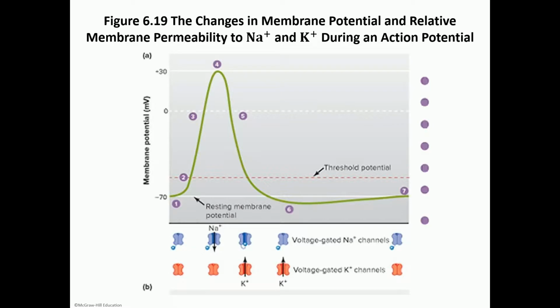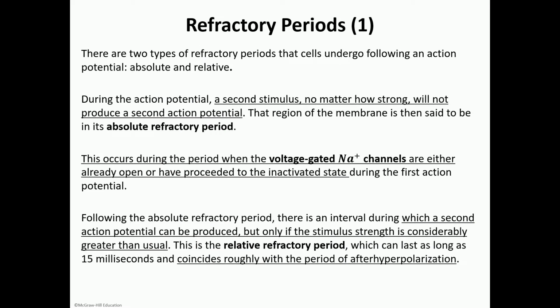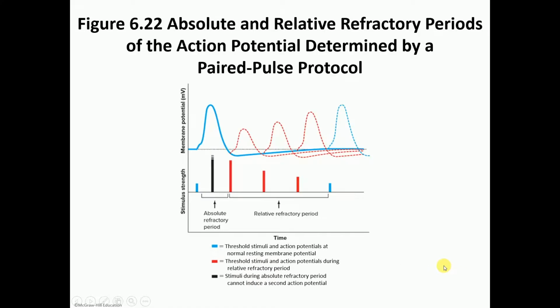Okay, that would be your relative refractory period. So we would need a stimulus stronger than normal to lead to another action potential. In your relative refractory period, a second action potential can be produced only if the stimulus is considerably greater than usual, and that coincides with your period of after hyperpolarization. So we'll see what that looks like on this graph.